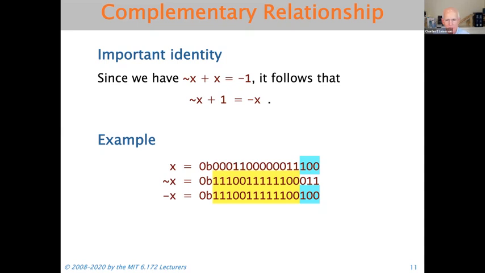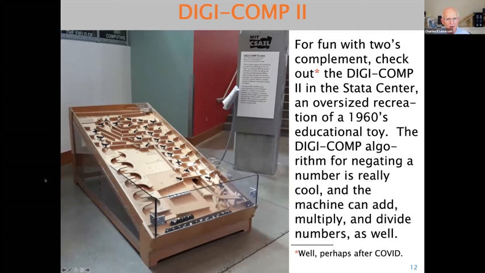From that point on, minus x is the same as x, which is always a 1 followed by zeros. So it's identical to tilde x up to the least significant 1, and then it's that 1 followed by all zeros.